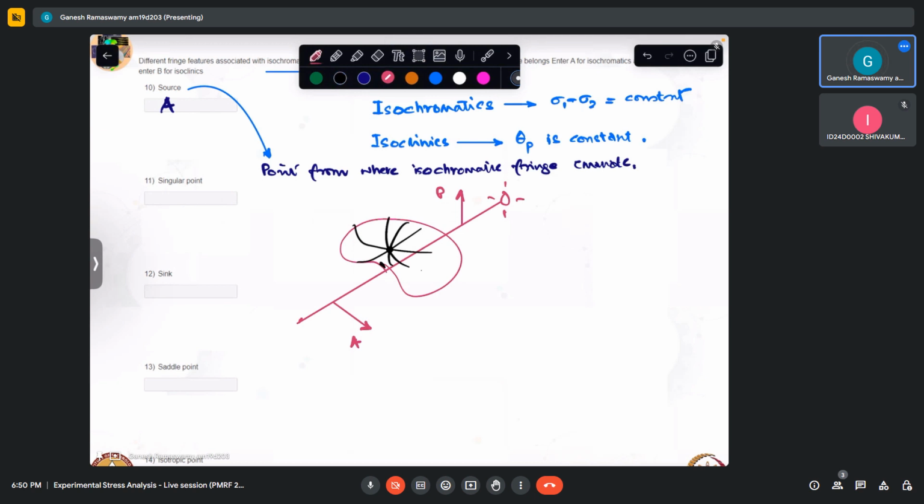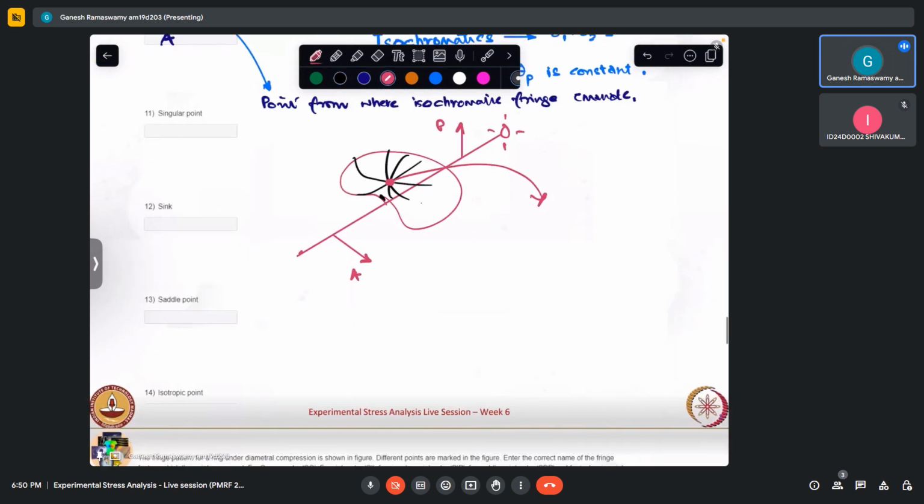At this point, if all the theta p's are crossing, that implies that all the directions are basically principal directions. So whatever plane we go to, that represents a principal direction.